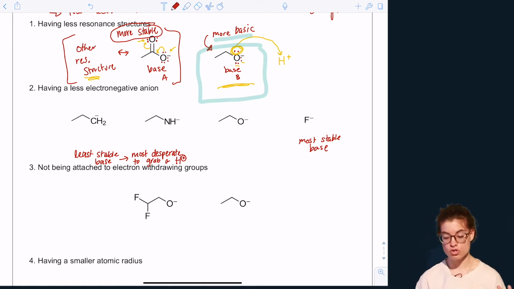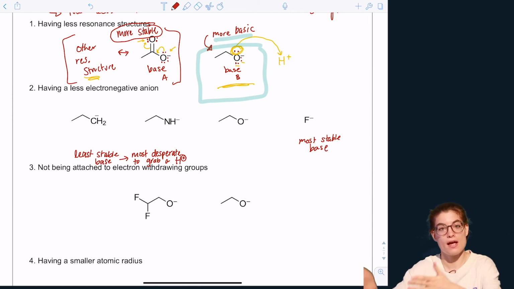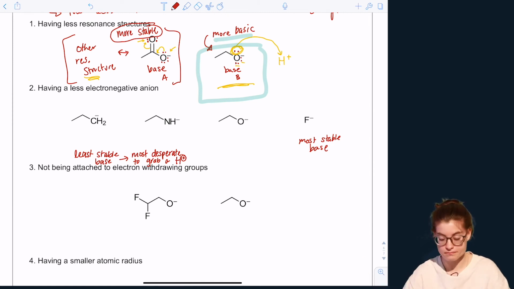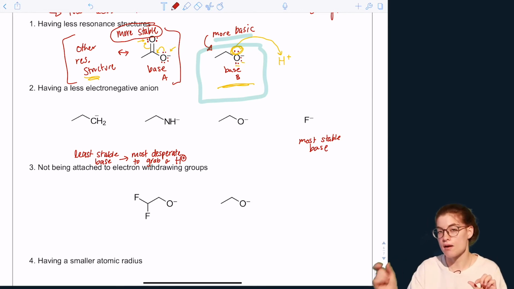Because in order to grab a proton with a lone pair, that atom has to be willing to essentially donate a lone pair into a bond with a new atom. And so because fluorine is the most electronegative, in other words, it's an electron hog, if you will, it's not willing to share and it's not willing to donate those electrons needed to form the bond to that proton in the first place.